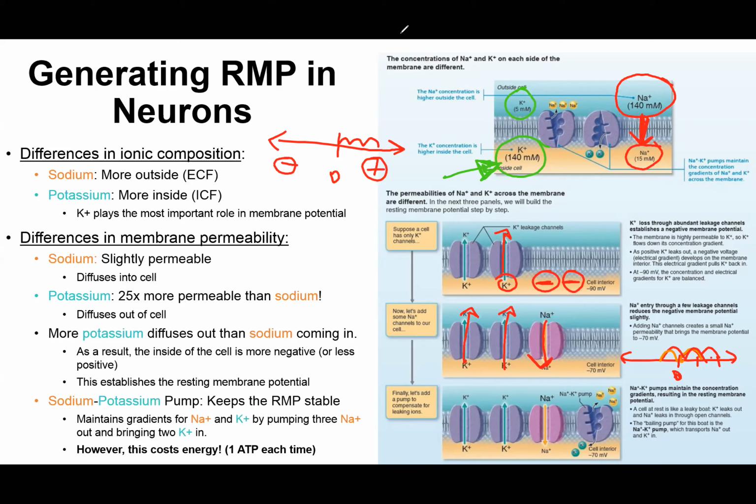And so this alone is going to lead to us having a negative charge on the inside of the cell. So more potassium is diffusing out than sodium is coming in, and as a result, the inside of the cell is more negative, or the other way you can think about it is it's less positive than it would be otherwise. And so this is actually helping to establish our resting membrane potential.